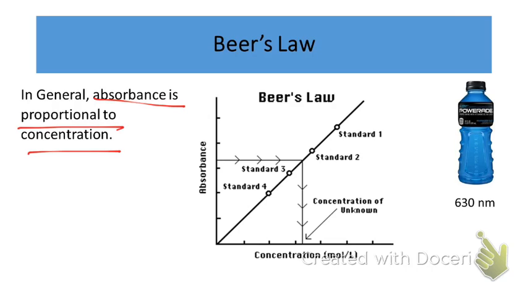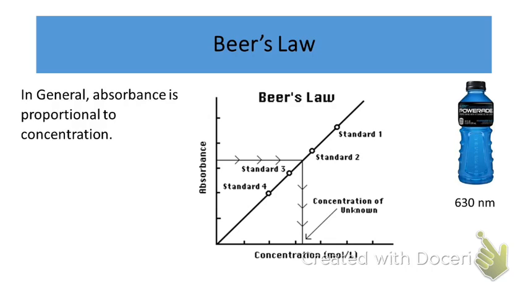All right. Now, what we're going to do is show you how to do a Beer's law graph. Okay? And the Beer's law graph is something you're going to do in this first lab. Essentially, you're going to take a sports drink with blue dye number 1 in it, and you're going to analyze the concentration of blue dye number 1 in our sports drink, like Powerade.